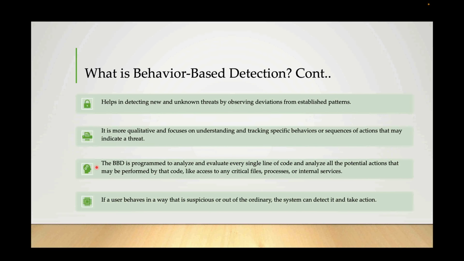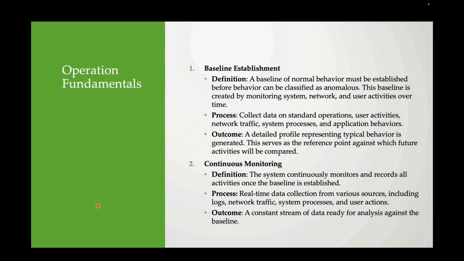Behavior-based detection is also programmed to analyze and evaluate every single line of code and analyze all the potential actions that may be performed by that code, like accessing critical or important files or processes. If a user, for example, behaves in a way that is suspicious or abnormal, the system can detect it and take action.